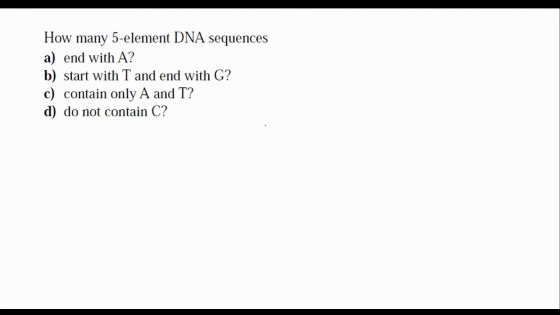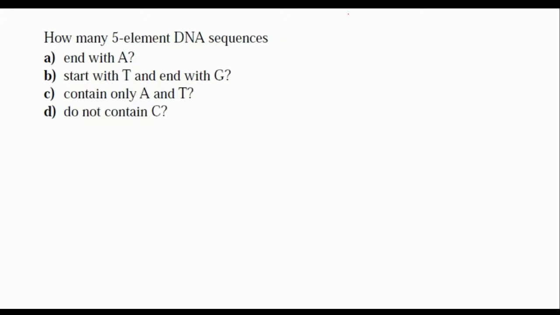All right, the second question. How many 5-element DNA sequences can we have with these conditions? So one by one we should deal with them. For DNA, we have 4 possibilities as nucleotides. In bioinformatics class, we talk about it in details. But in order to deal with probabilities in bioinformatics, as we talk about the statistical significance there, we should know about some basics.